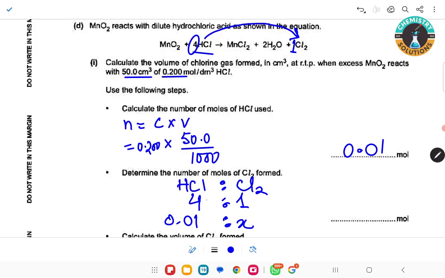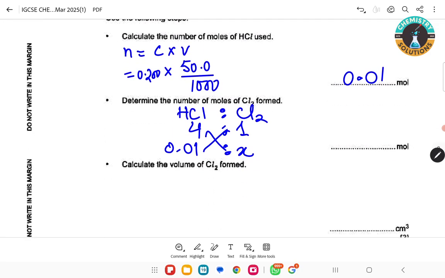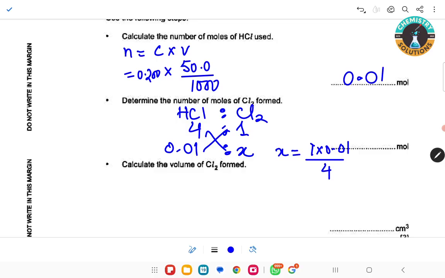So X will be, cross multiply, meaning we will multiply it. It will be like this: X is equal to 1 multiplied by 0.01 divided by 4. If we divide these values, let me calculate.